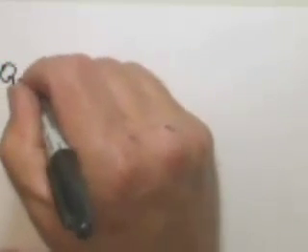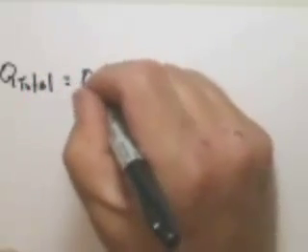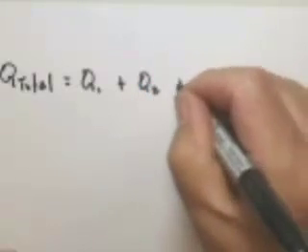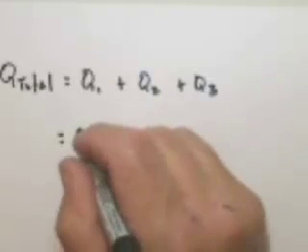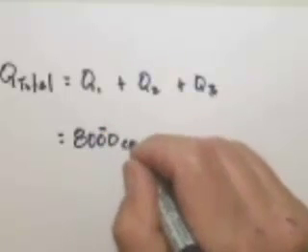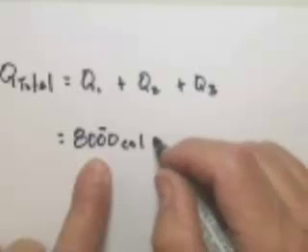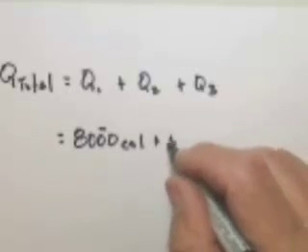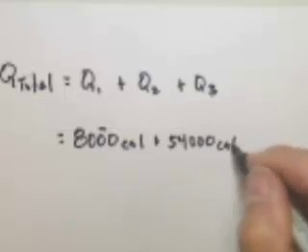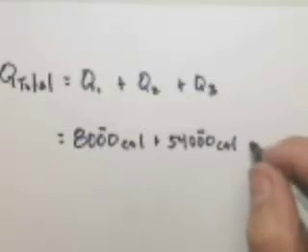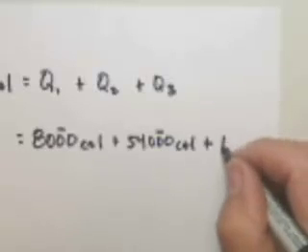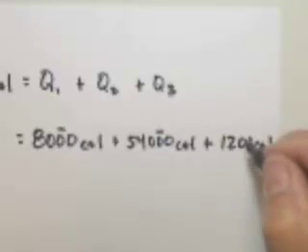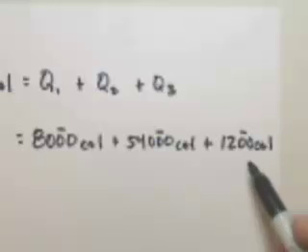So to determine the total amount of heat energy required, Q total is going to be Q1 plus Q2 plus Q3, while Q1 was 8,000 calories with last significant digit being in the tens place, Q2 being 54,000 calories, last significant digit being in the tens place also, plus Q3, which is 1,200 calories, and again the last significant digit being in the tens place.